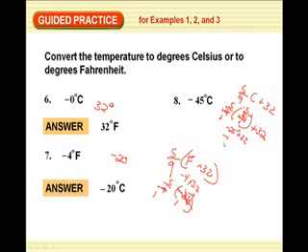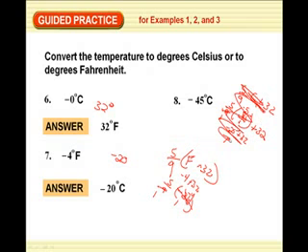You subtract, that's 7 degrees. Ooh, where did I mess up? Did I use the wrong formula? Negative 45 degrees Celsius to Fahrenheit. Oh, it's supposed to be 9/5. Ah, yeah, I used the wrong formula.